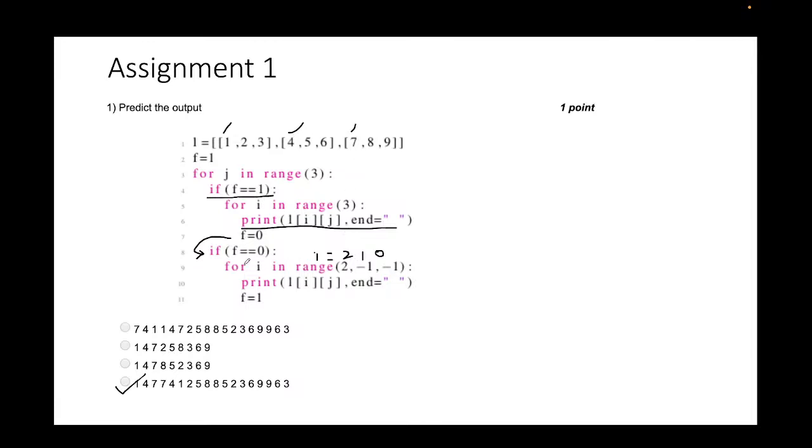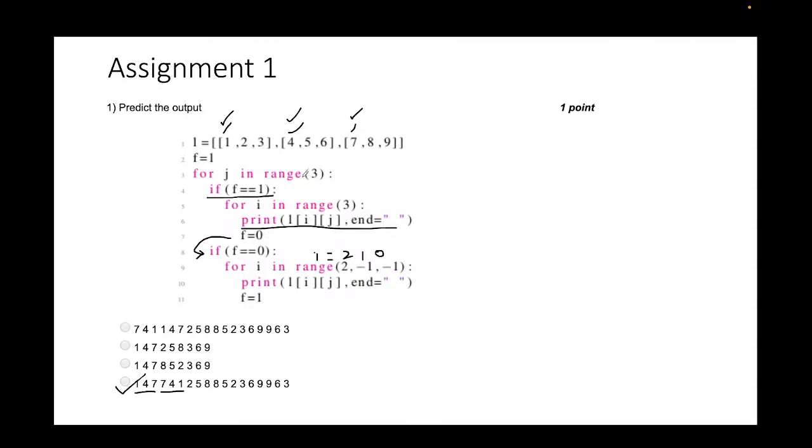Okay, so in the second for loop, all we are doing is printing the same thing but in the reverse order. So we are starting from 2, we'll print 7, and then we'll print 4, and then 1. Okay, so that's why it is going in this sequence 1 4 7 and then 7 4 1.